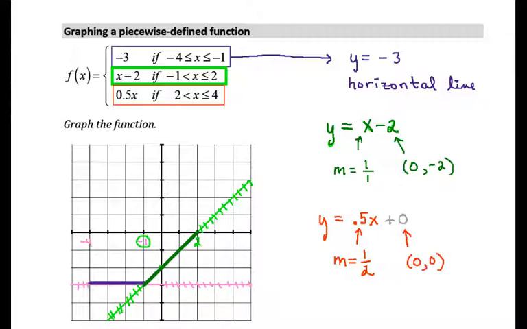Now I'm going to use a very, very light kind of, this color is called cantaloupe, to draw this line starting at the origin with a slope of positive 1/2. And again, identifying those numbers, we want 2 as one of the boundaries and 4 as the other. So I'm going to cross out the parts of this that I don't want.